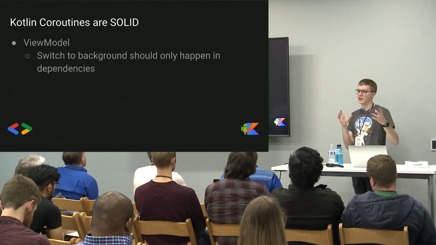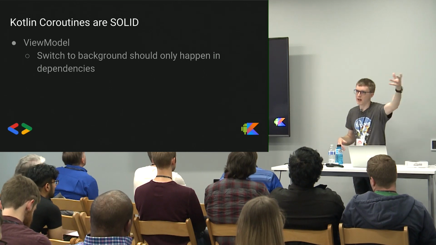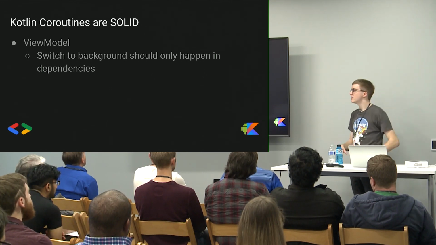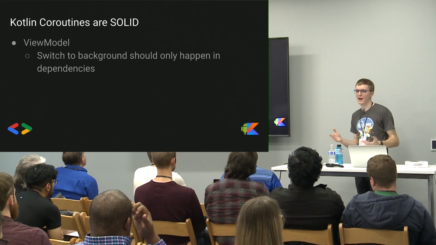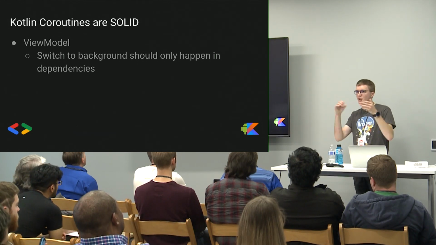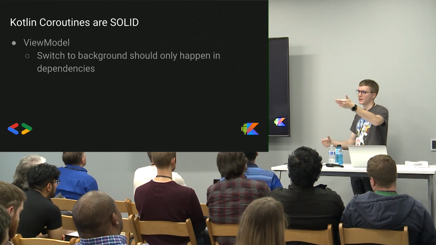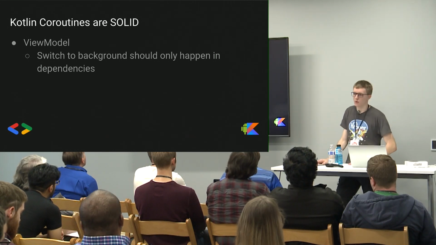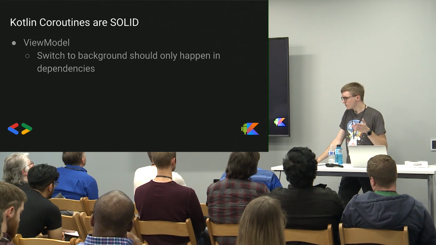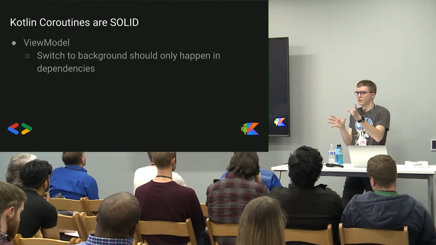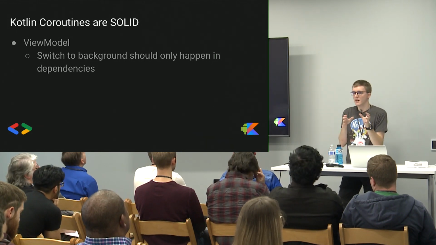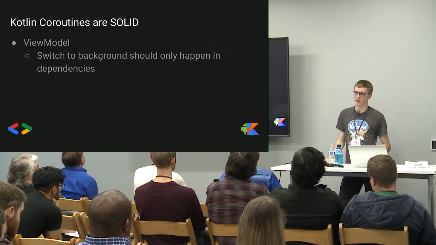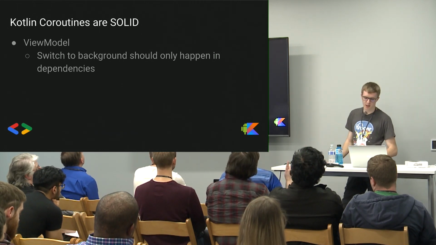Basically mapping of, say, your API call data, think of our unicorn. We might have a loading state, our content is going to be the unicorn, and an error might be that illegal state exception where the unicorn names don't match. We basically are saying that we want to map that into a state, and we want to push that into the repository so that we aren't doing our withContext in the ViewModel.